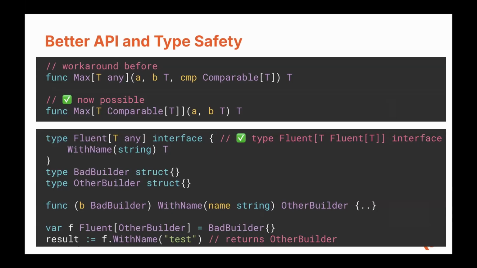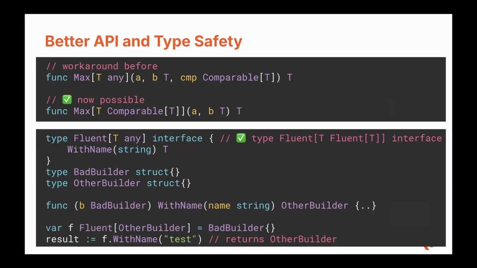This is also useful for a fluent API, basically the builder pattern, when we want to chain several builder methods and we also want to make sure that nobody injects a different type inside. So in this example, we have some interface that defines a method with a name, and we have two implementations, a bad builder and other builder. The bad builder actually implements a weird function that returns other builder, which is weird.